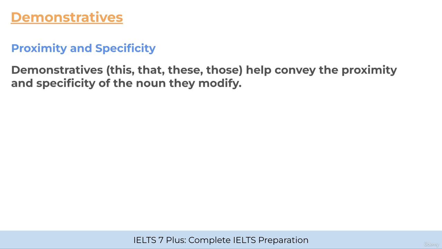Okay, so back to demonstratives then, our subgroup of determiners. We can think about proximity and specificity. So this, that, these, those, which we've just been looking at, can help convey or explain the proximity, which means how close things are together, and the specificity, which means the accuracy, if you like, of the noun they modify.